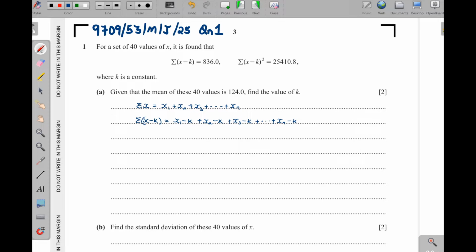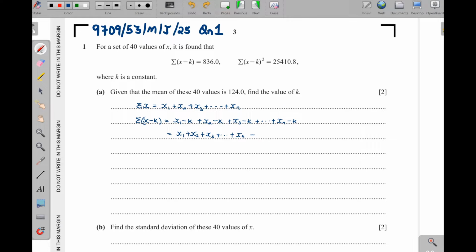This one simply implies if I try to pull down the x's, I can have x1 plus x2 plus x3, then up to xn, then minus these k's. How many do you think they are? They are not 4, because you are seeing they are 4 here. Here I have the 3 dots, meaning there are very many values there.